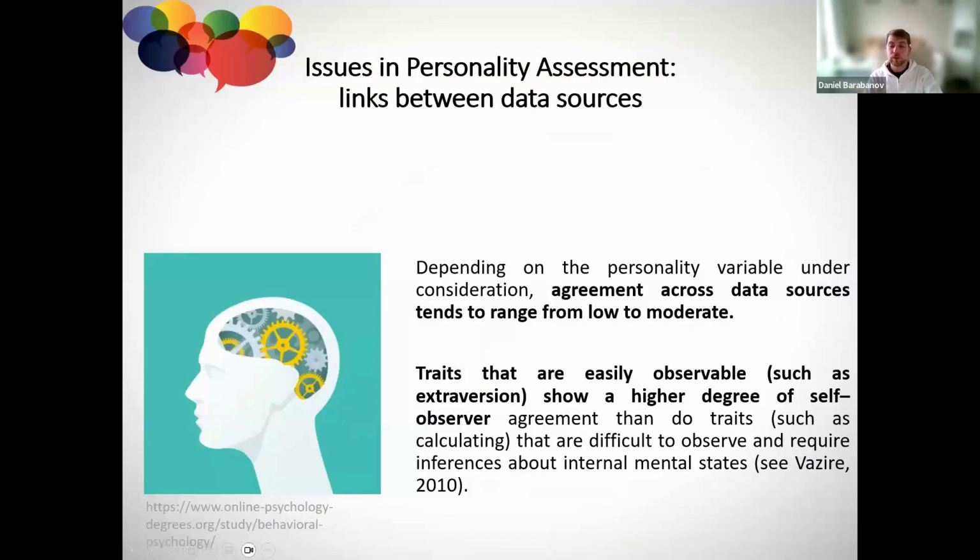But some personality traits, for example, being calculative, are really hard to observe. And thus, the difference between self-report and, for example, observer data would be much bigger. So the main idea is that if the personality trait is more observable and clear, the agreement between measures would be higher. If the trait or variable is less observable, the agreement between different sources of data would probably be moderate or even low.